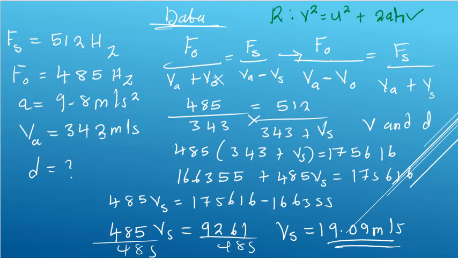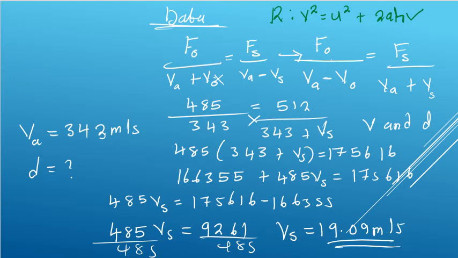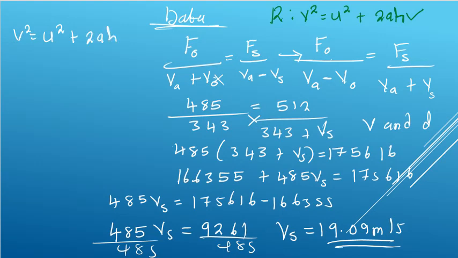Okay, so from here I'm going to wrap this. We know that we use this relationship here: V to the power 2 is equal to U to the power 2 plus 2AH.